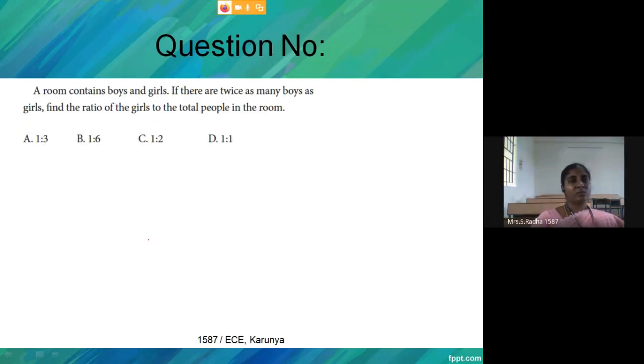A room contains boys and girls. If there are twice as many boys as girls, find the ratio of girls to the total people.